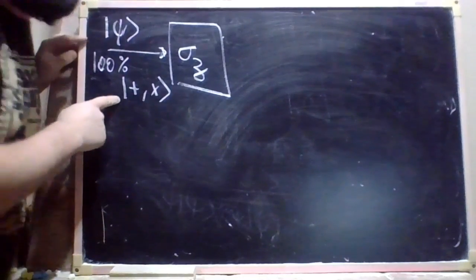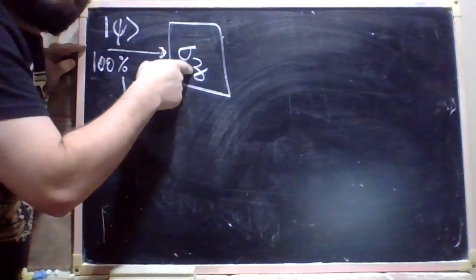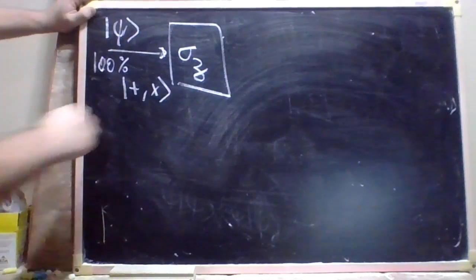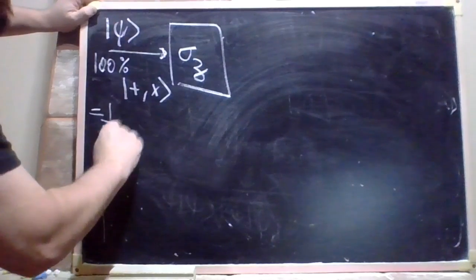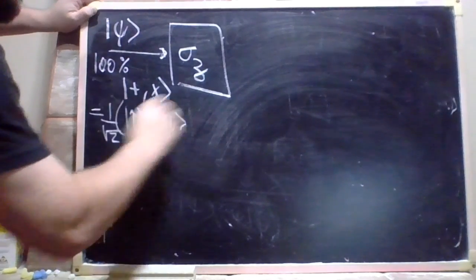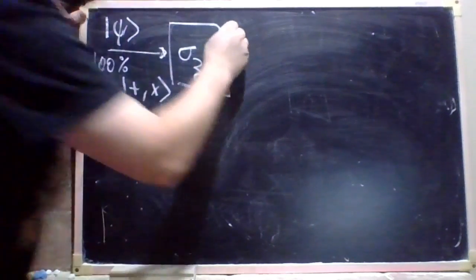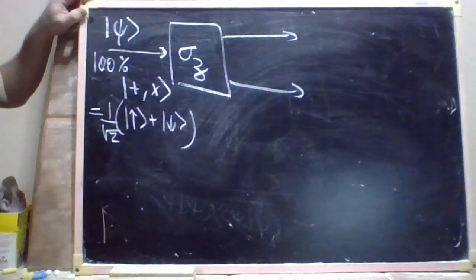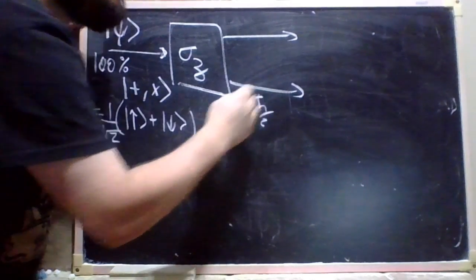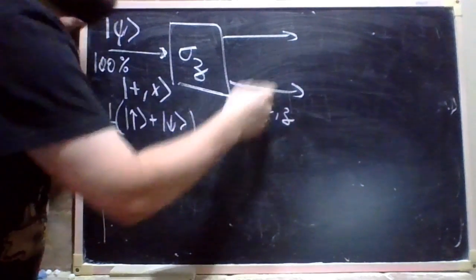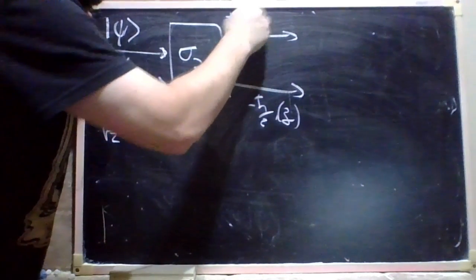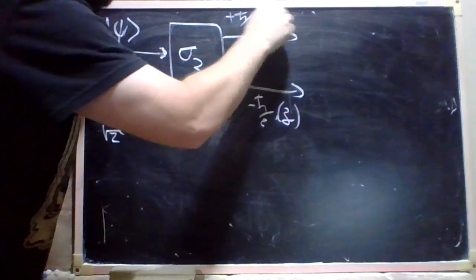But this is not an eigenstate of sigma z. It's not an eigenstate of spin in the z direction. It's an eigenstate of the spin in the x direction. It's up, it's down. So, what are the probabilities here of measuring the up state, the h bar over 2 negative is down state relative to the z direction, and plus relative to the z direction here.